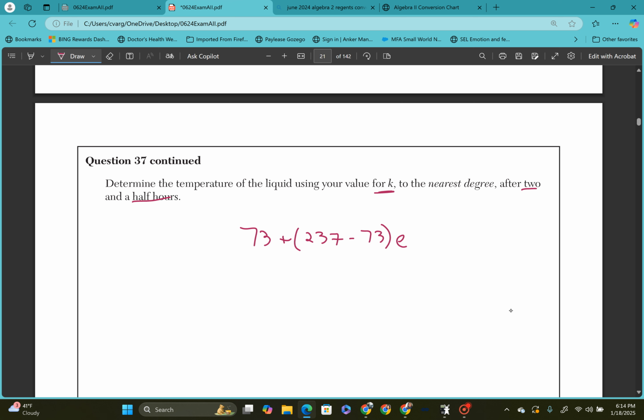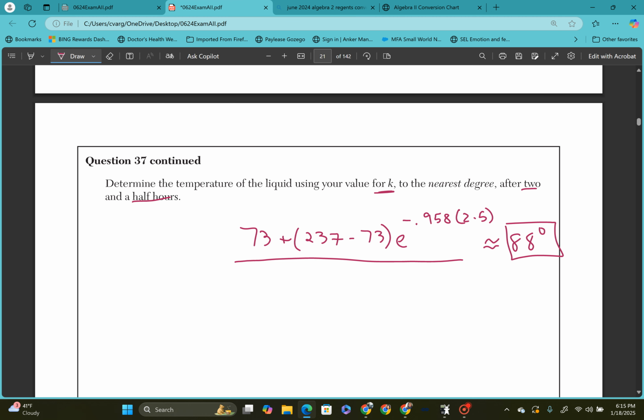So I'm going to do, our k value is negative 0.958. I'm going to multiply that by 2.5 hours, and I want to see, right? There's no unknowns here. So this whole thing, I can just take this whole thing and plug it into the calculator, and this is going to give me a number that is about 88. Okay, temperature of the liquid, so about 88 degrees.